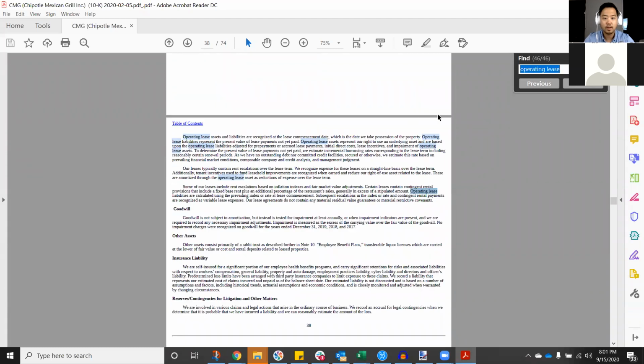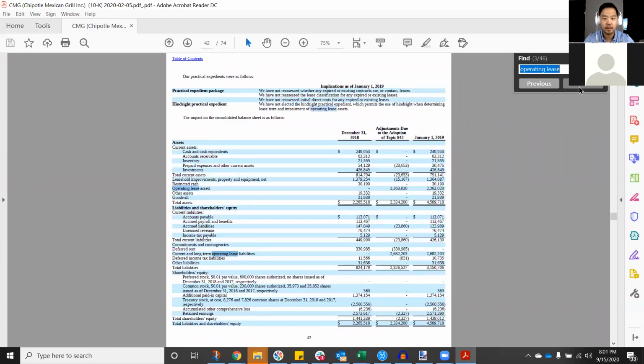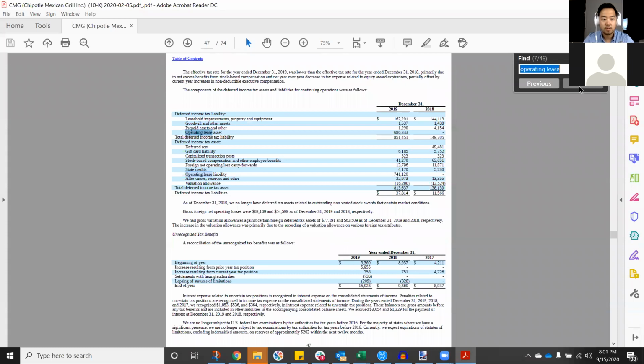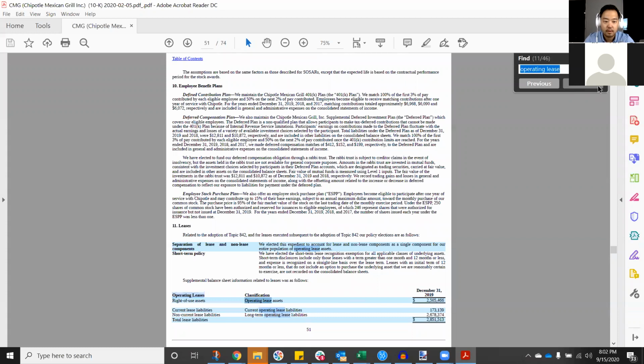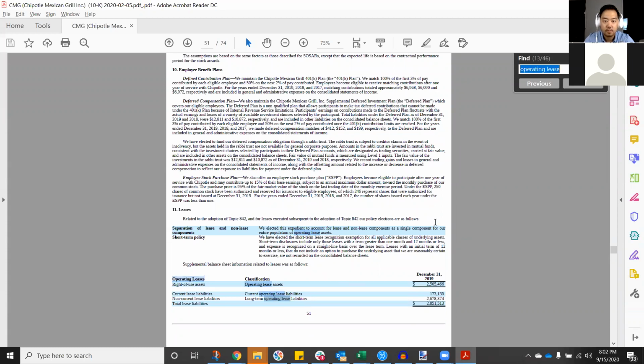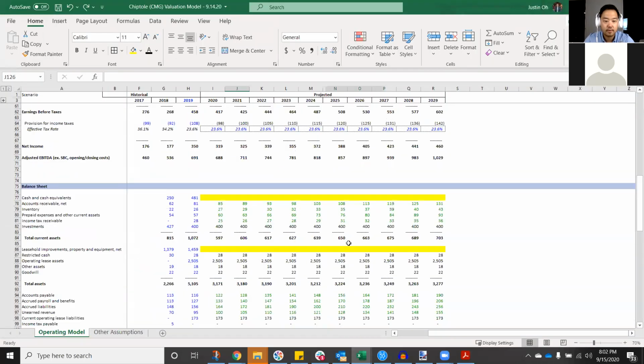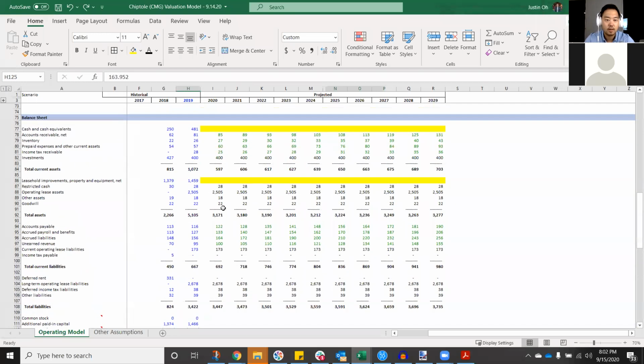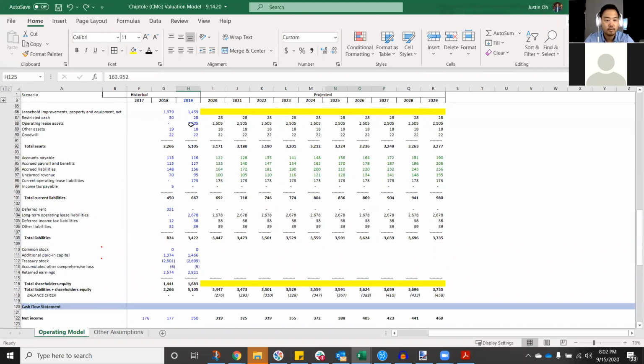If you ever have a question about something, it's usually in the footnotes. Deferred income tax. Obviously I need to do more digging on this one little item, but let me see if I can tie it out. So, okay, 164. Is that on the balance sheet? Operating lease assets? No. That's 2505.